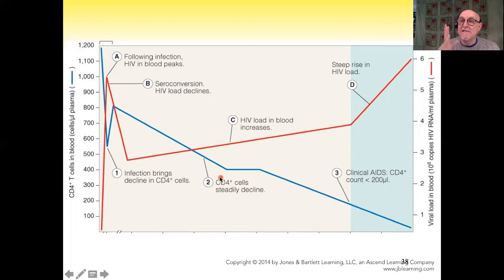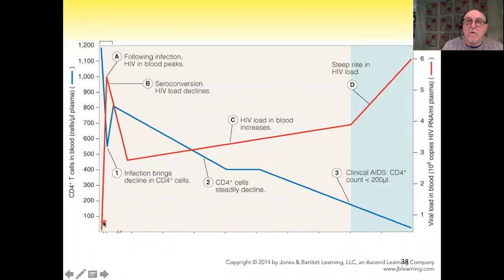In other words, those cells, like the T helper cells, that bear the receptor for the virus. But it's also a proxy measure for the functioning of the immune system, because these cells are central to the immune system. You lose the function of these cells, you lose the function of the immune system.